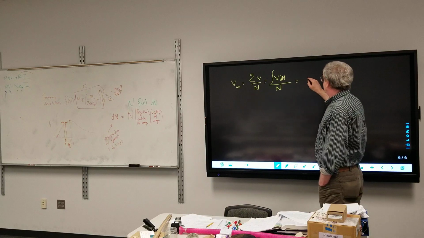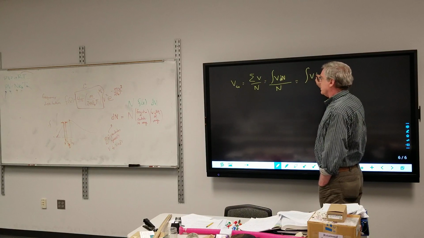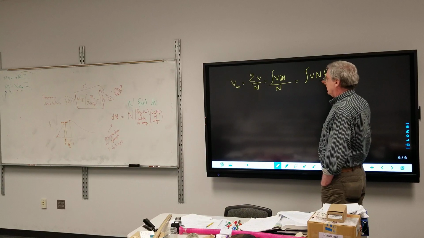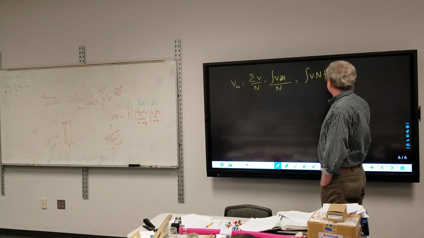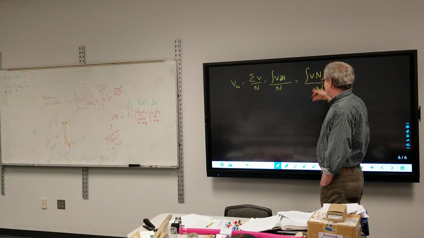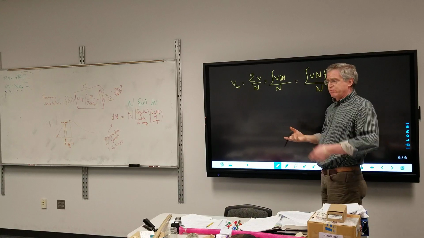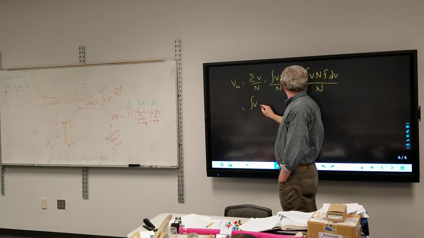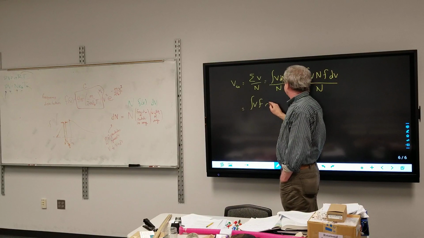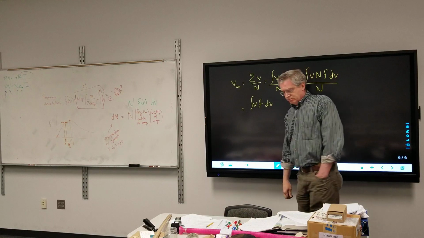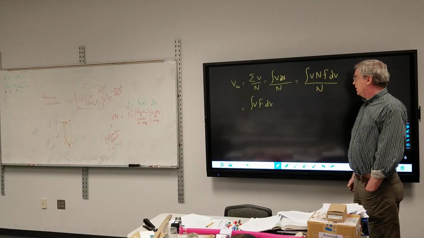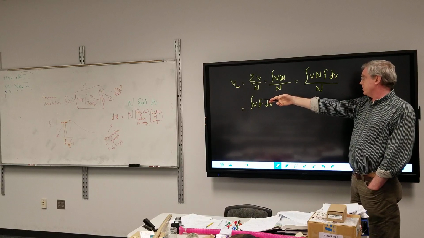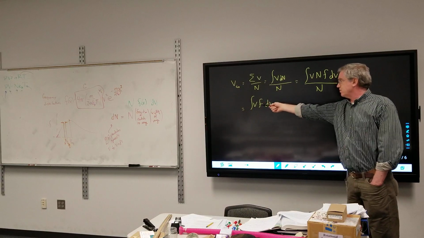I know what dN is, so I've got the integral of speed times N times the fraction of particles as a function of v, dv, over N. The N's cancel out because it's the number of particles that I have. So what I'm left with is the integral of v f dv, where f is the frequency distribution function, a function of v, and v is just speed.